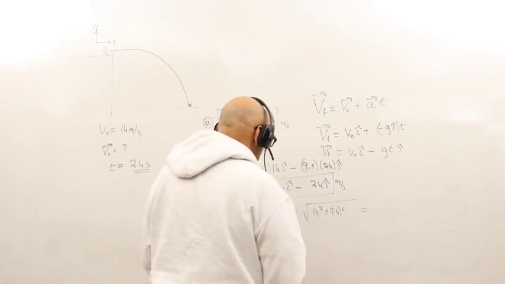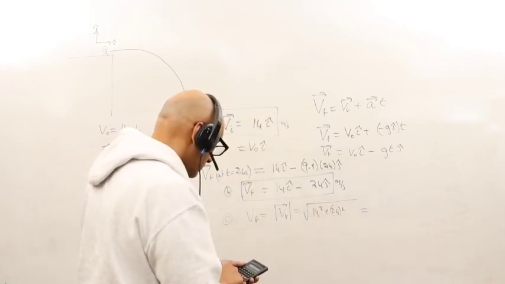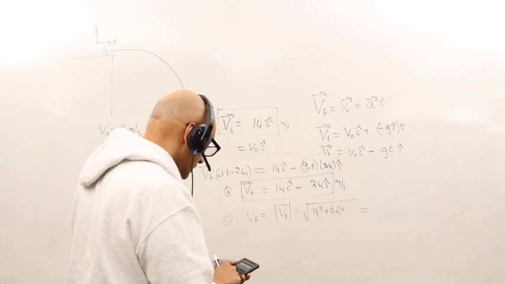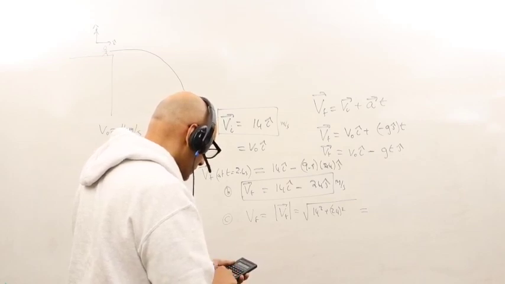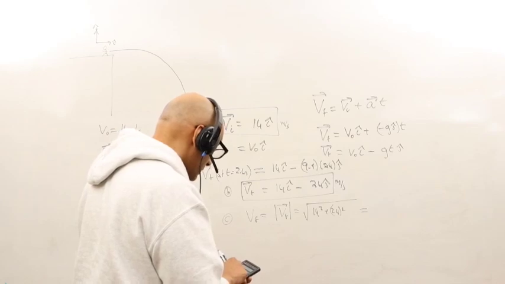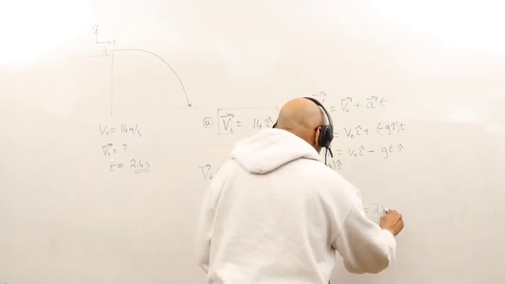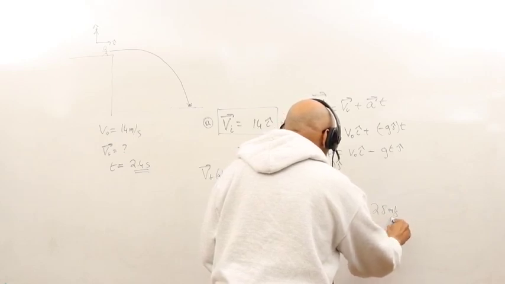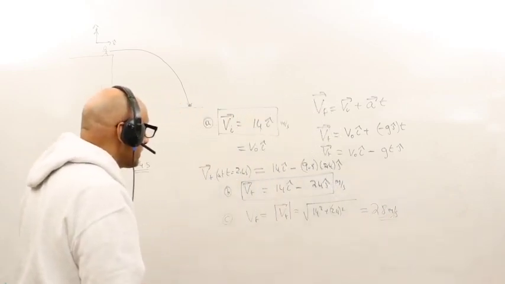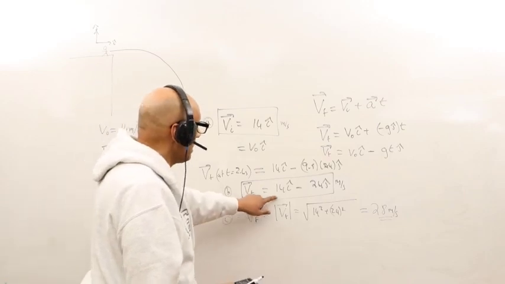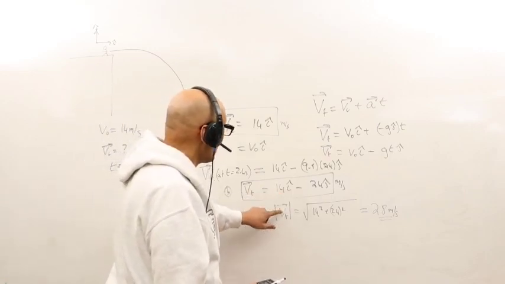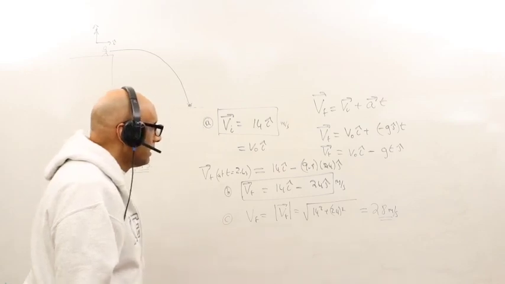I'm taking a square root, 28 meters per second. So the speed is 28 meters per second. The velocity vector is 14 I hat minus 24 j hat. The magnitude of that is the speed, the instantaneous speed.